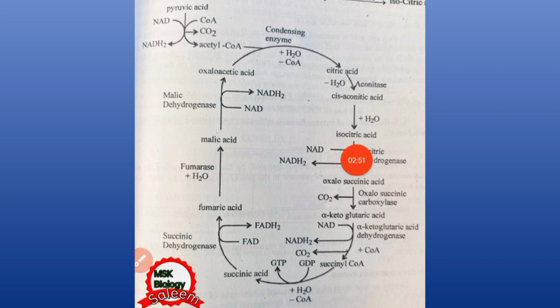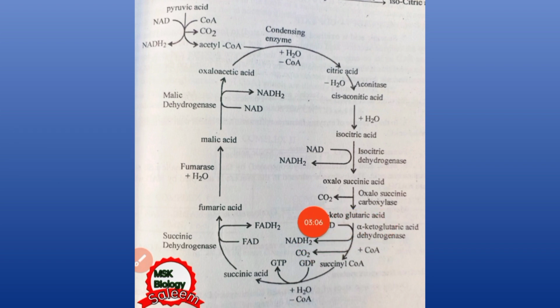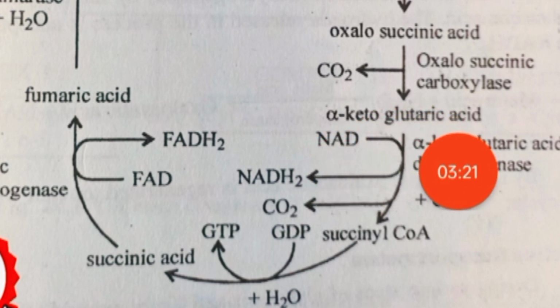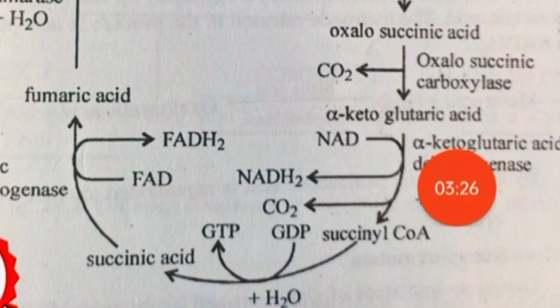Oxalosuccinic acid loses one molecule of carbon in the form of carbon dioxide, with the help of the enzyme oxalosuccinic carboxylase. Oxalosuccinic acid is a 6 carbon molecule; after decarboxylation it is converted into a 5 carbon molecule called alpha ketoglutaric acid.